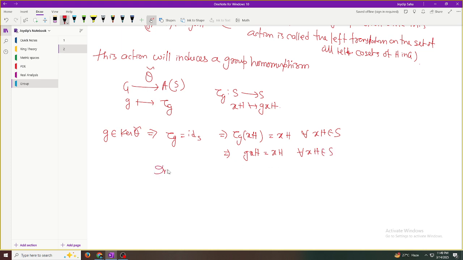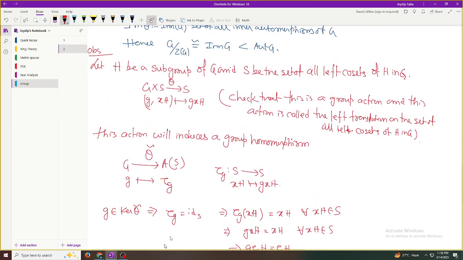In particular, I just put x equals identity. Then gH equals H. This implies g belongs to H. So I see that the kernel of theta tilde is a subgroup of H. This is just an observation.